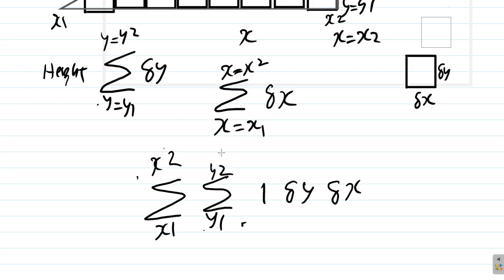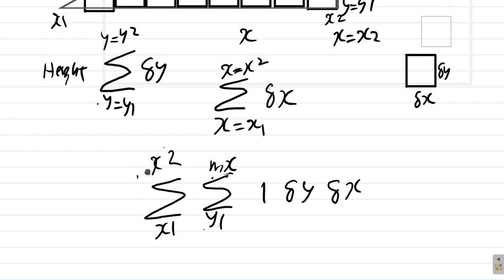So y2 is really something times x. Call it mx, whatever the gradient is. So let's see what's going to happen now as we integrate.